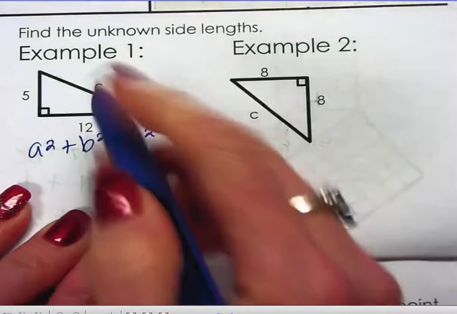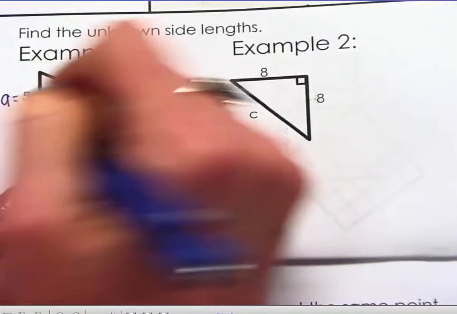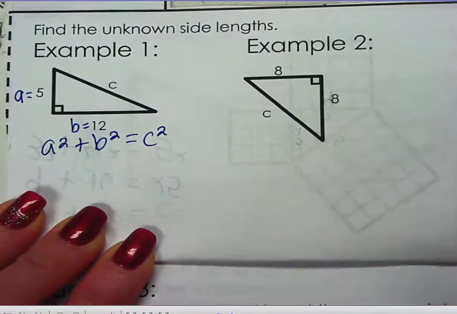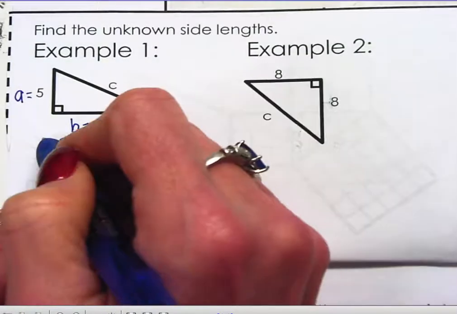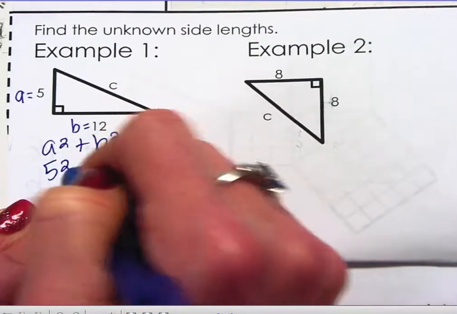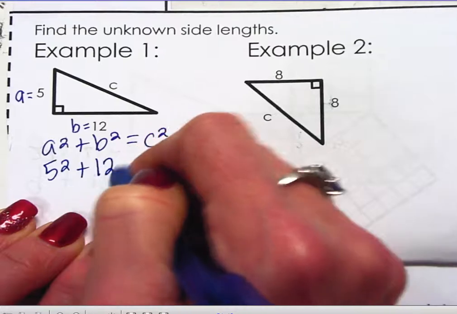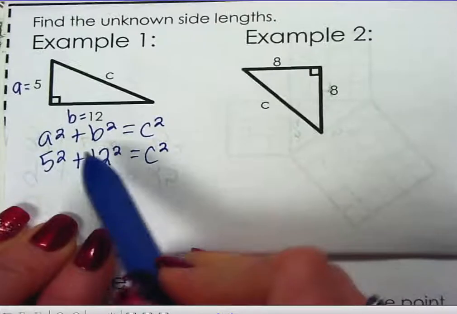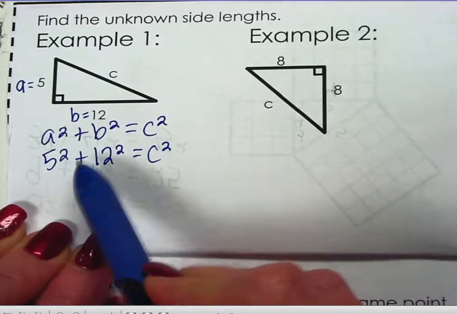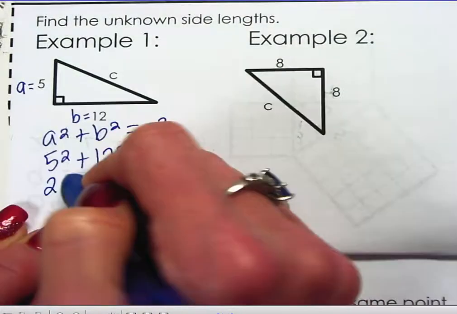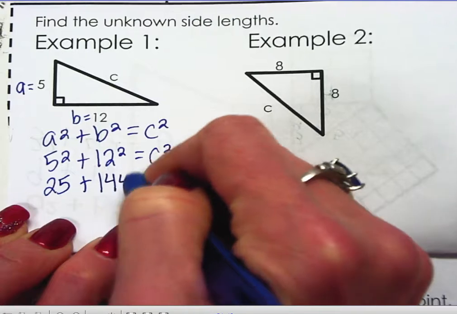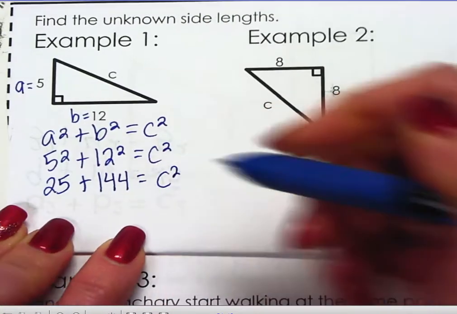I don't know c. I know that a is equal to 5 and b is equal to 12, because those are my two legs. So I plug in 5 squared for a and 12 squared for b, and that should give me c squared. I'm going to evaluate the exponents. 5 squared is 25, plus 12 squared is 144, and that should give me c squared.